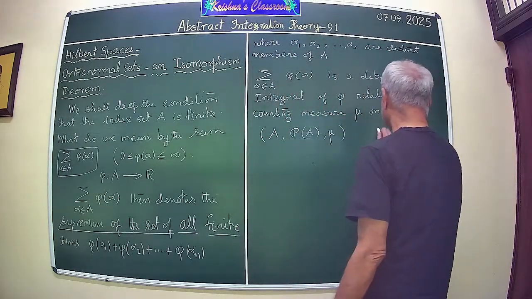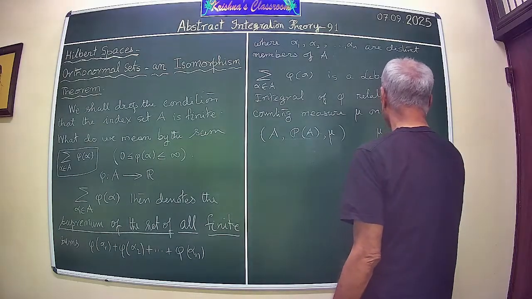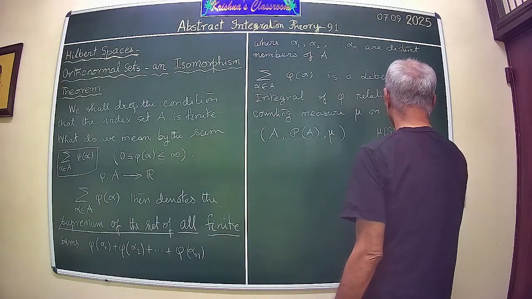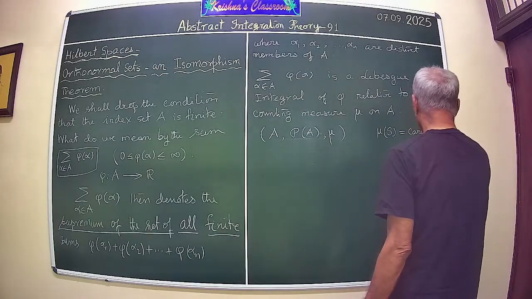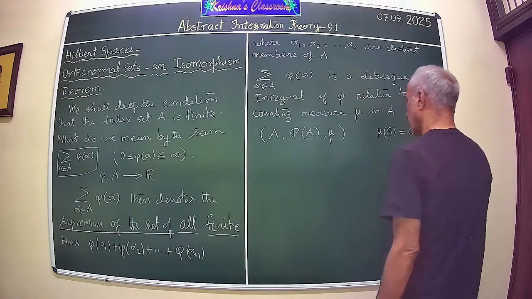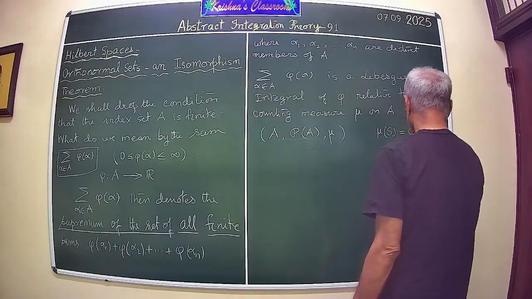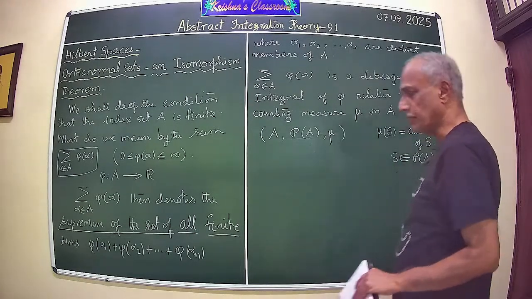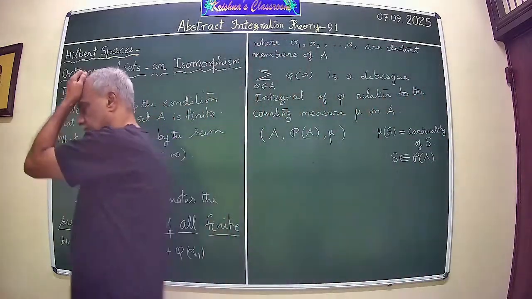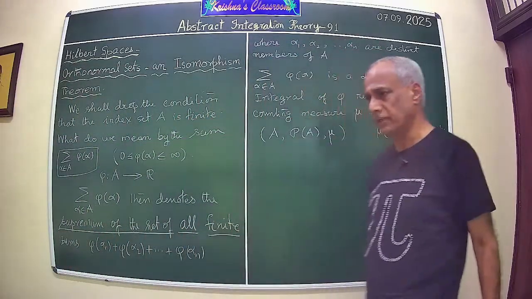So mu of S is equal to the cardinality of S, where S is an element of the power set of A. So if it is finite and consisting of say n elements, then mu of S is equal to n.